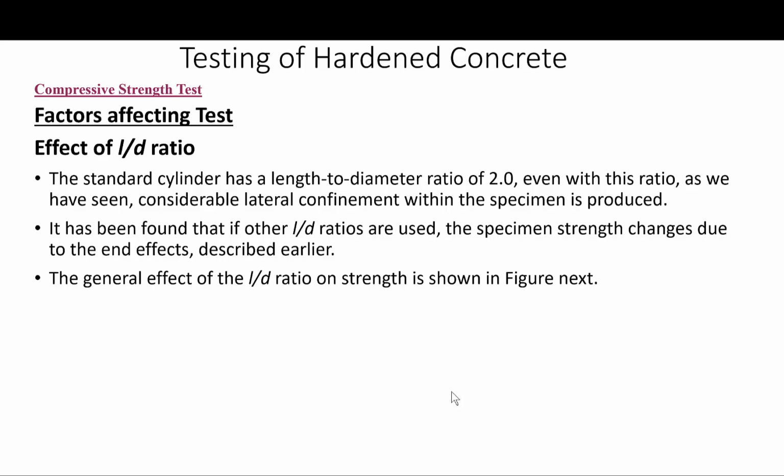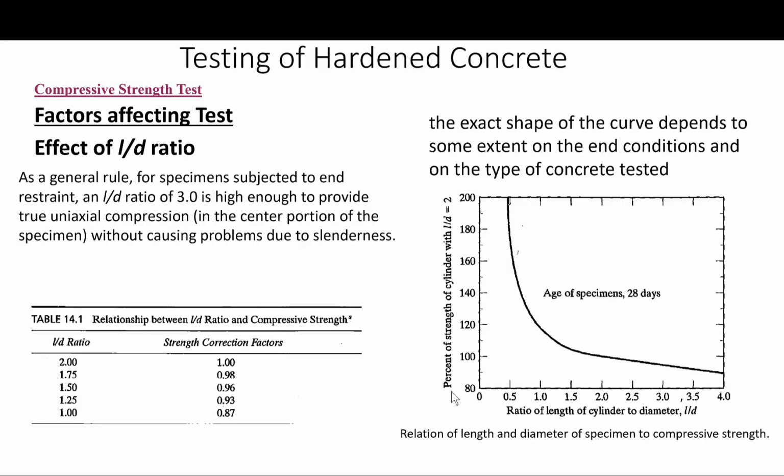It has been found that if other L/D ratios are used, the specimen strength changes due to the end effects we described just now. The general effect of the length to diameter ratio on strength is shown in this figure right here.